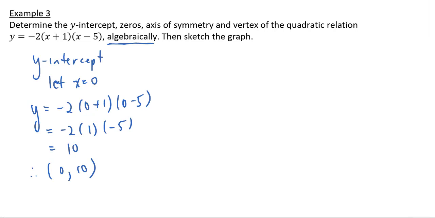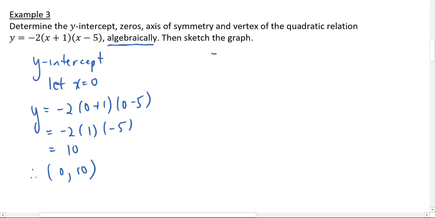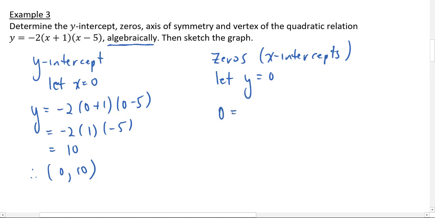The next one, and a little bit trickier, is to find the zeros. So to find the zeros, similar to finding the x-intercepts, we're now going to let y equal 0. So if we let y equal 0, we get 0 equals negative 2 times (x plus 1) times (x minus 5).